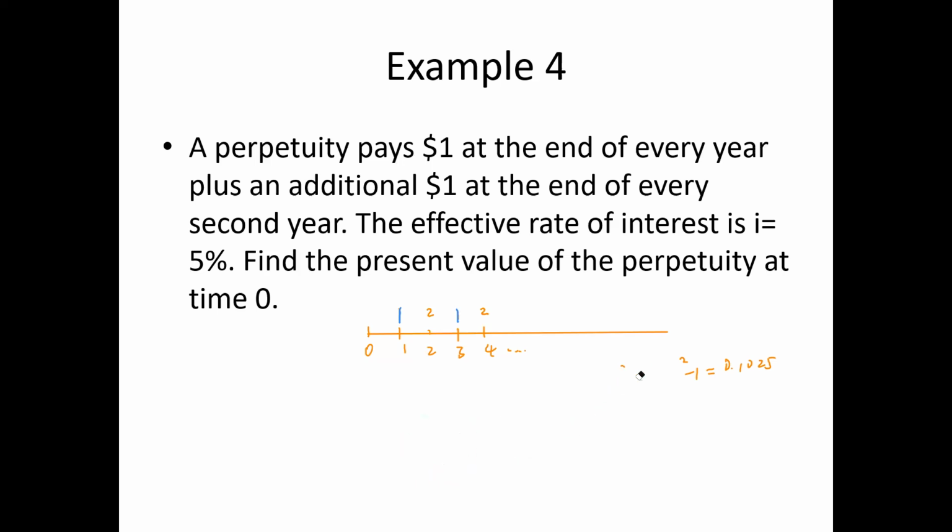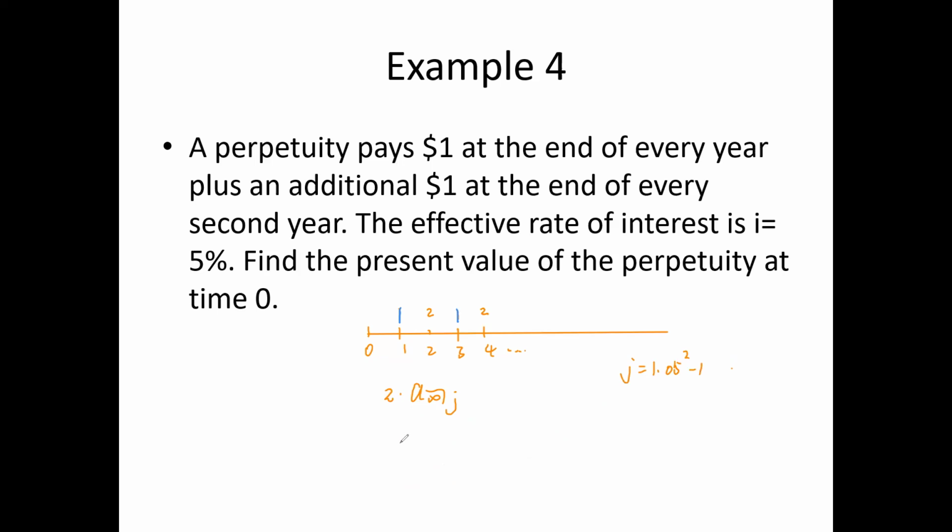For the cash flow of $2, that is 2 times a sub infinity angle j, where j is 1.05 squared minus 1, because it's 2 years.